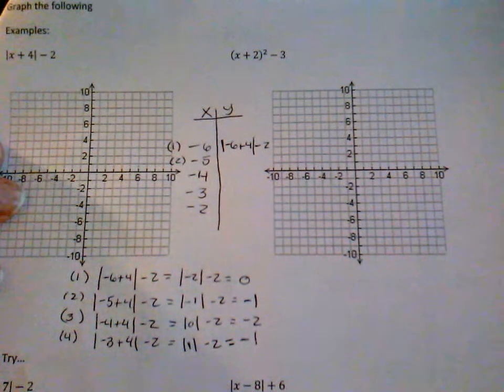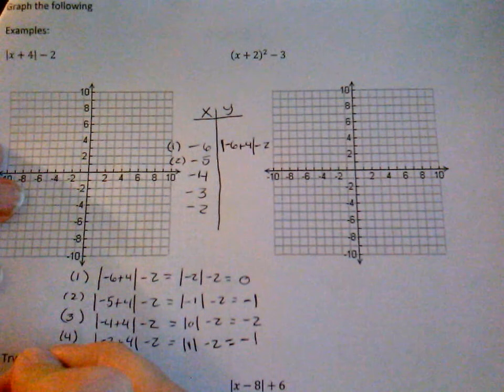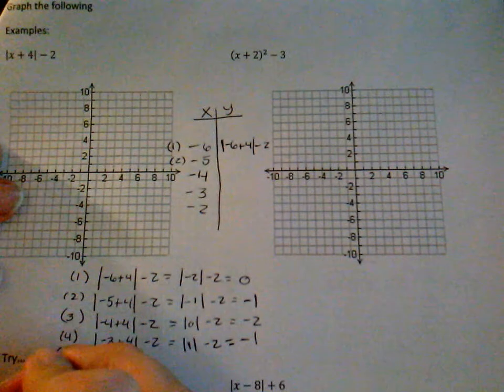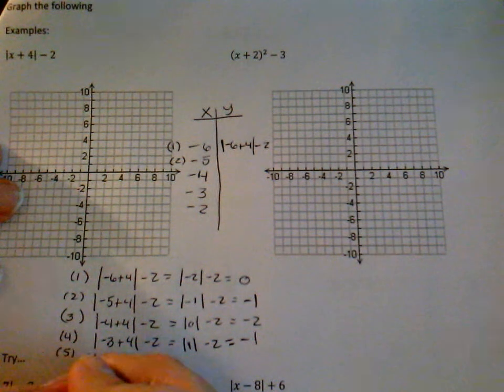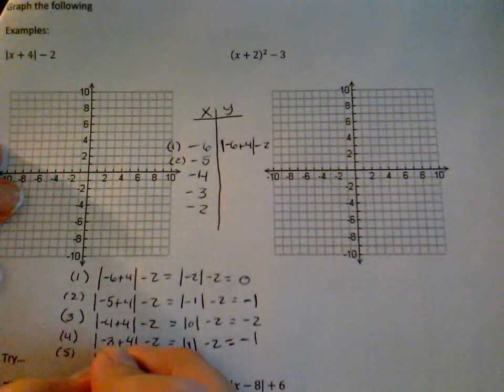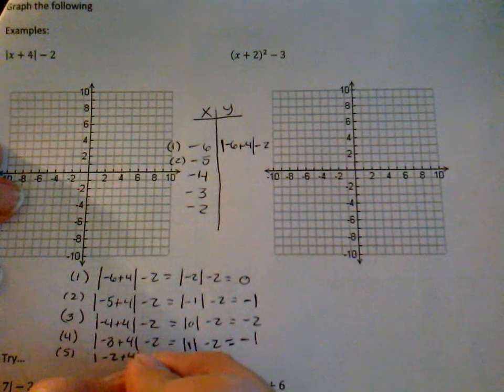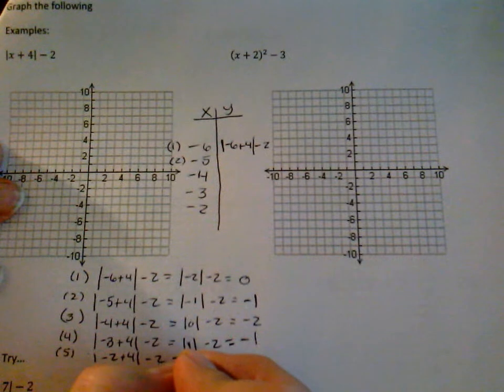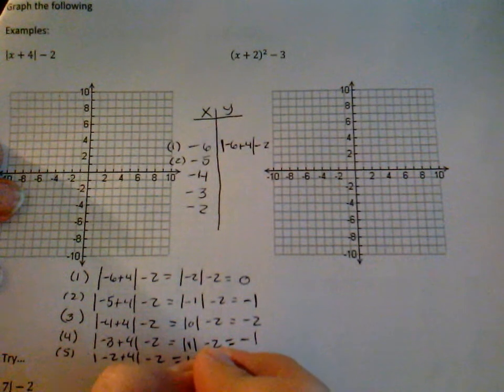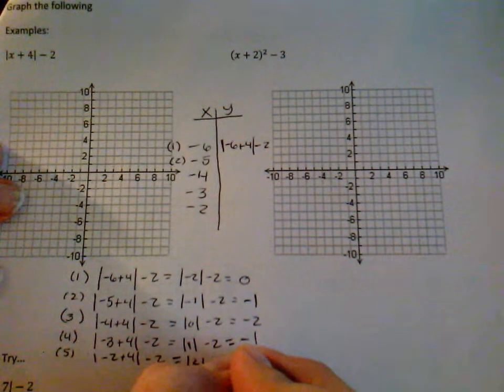Then we've got to do the fifth one. So it's going to be negative 2 plus 4 minus 2. So that gives you the absolute value of 2 minus 2, which is 0 again.